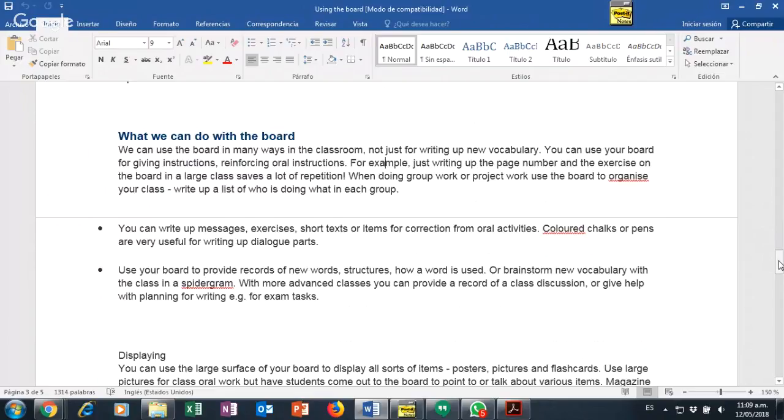Okay, continue, Profe. Please. Well, we can use a lot of cartulinas. Cardboards. For remembering verbs, or two common words, get up, go away, go out. Phrasal verbs, yes.